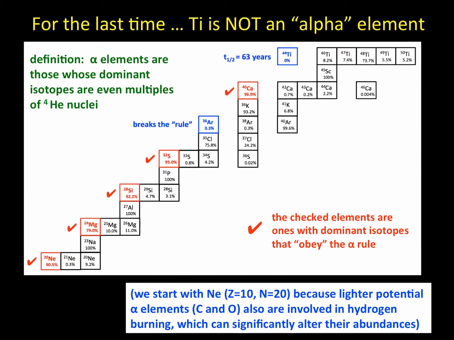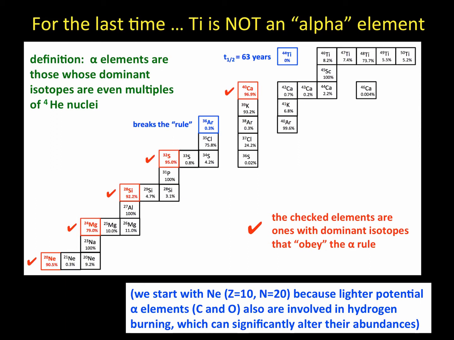Let's first deal with titanium. I am guilty. Almost every stellar spectroscopist has been guilty of this sin, calling titanium an alpha element. An alpha element is an element whose dominant isotope is made of even numbers of helium nuclei. That works for neon, magnesium, silicon, sulfur, and calcium, not for titanium.